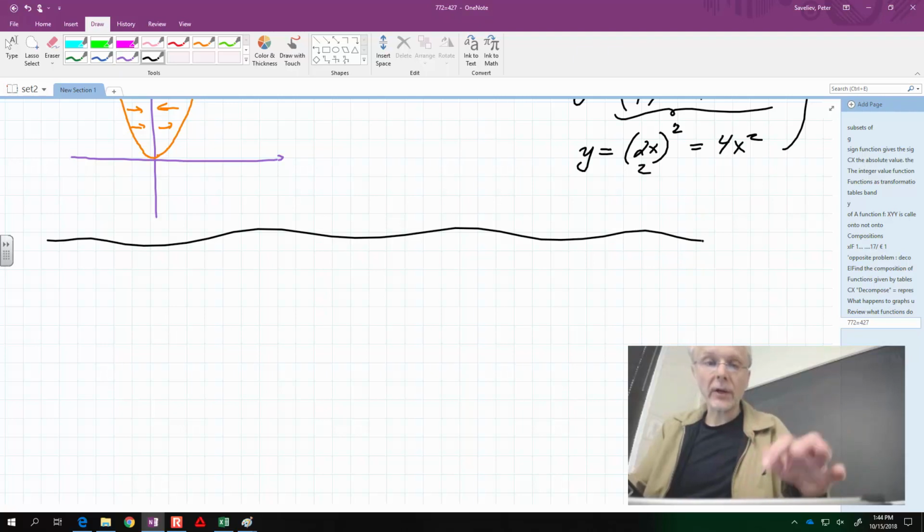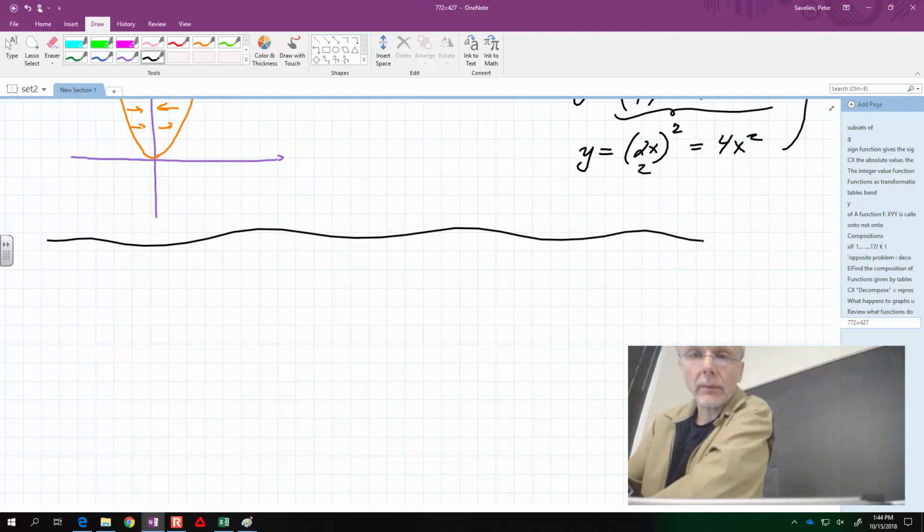So I started with a stretch, but it's really better done with a shift. So once again, in those 3 items.